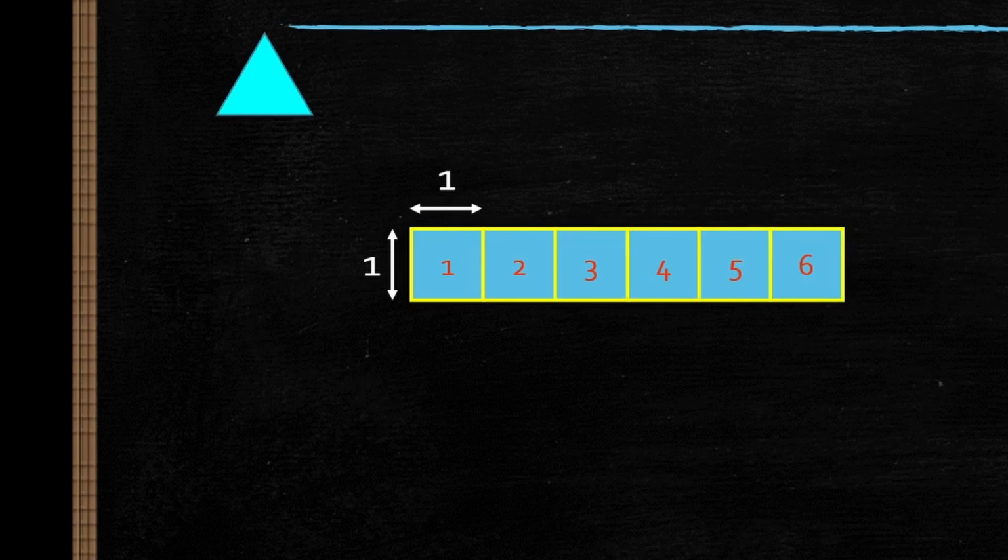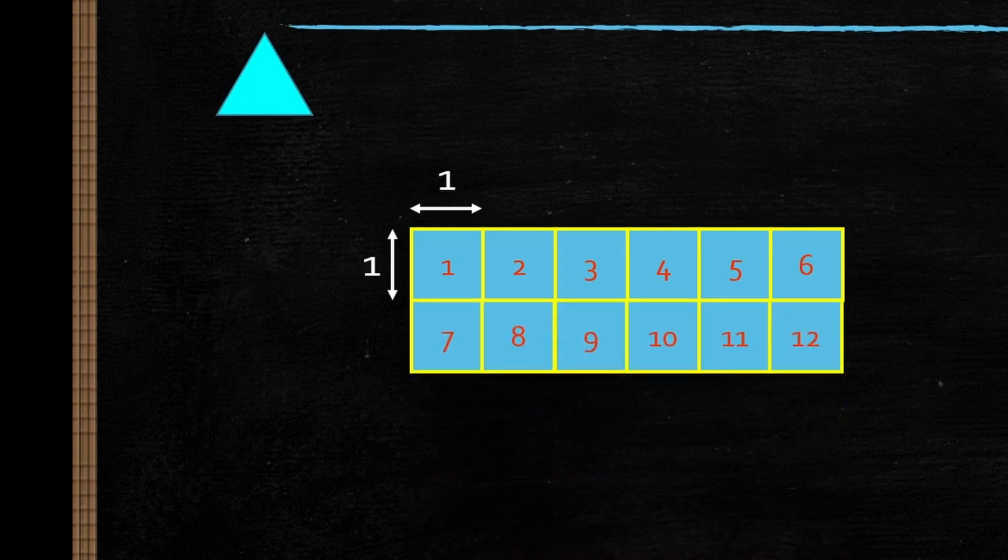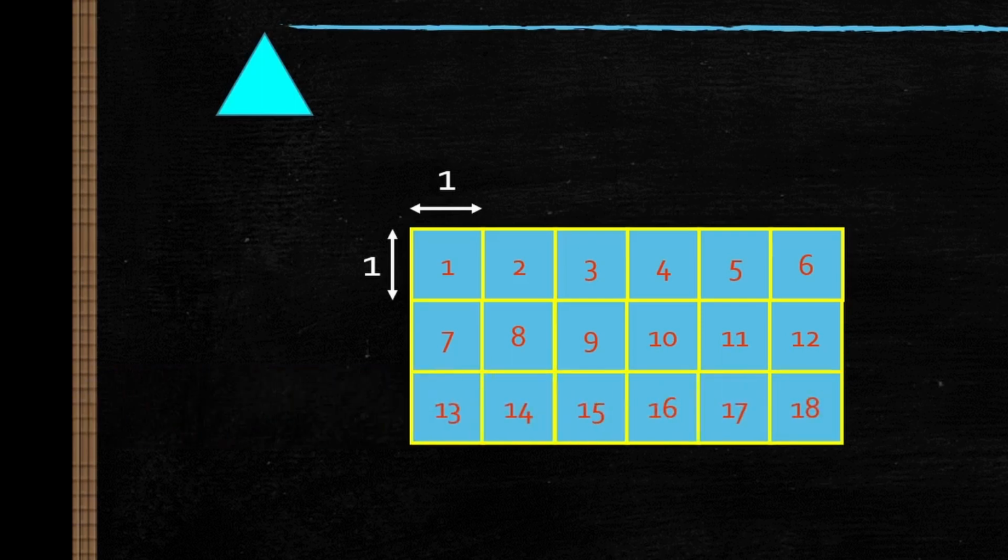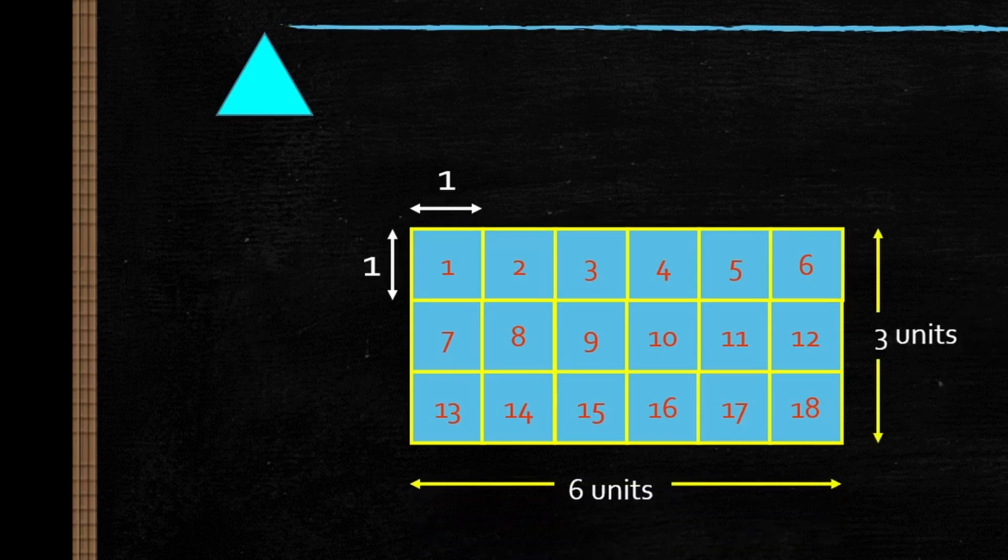So area of these 6 squares is equal to 6 square units, and you can add another 6 squares. Area is now the 12 square units, and if you add another 6, you get 18 squares. So the total area is equal to area of 18 small squares, and that is equal to 6 units of length multiplied by 3 units of width.